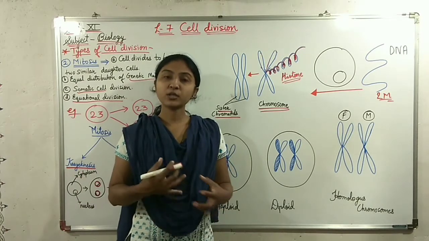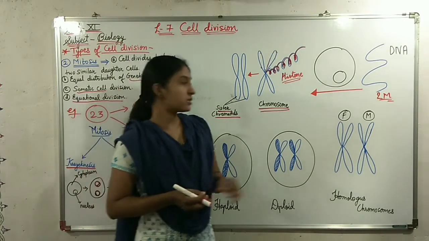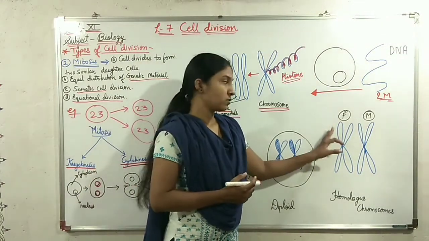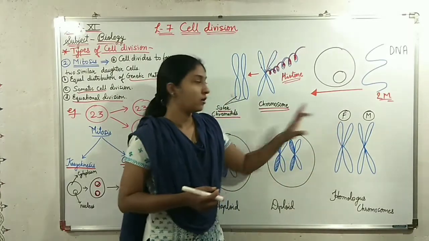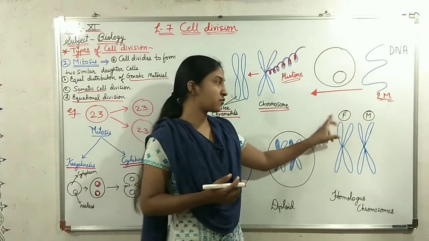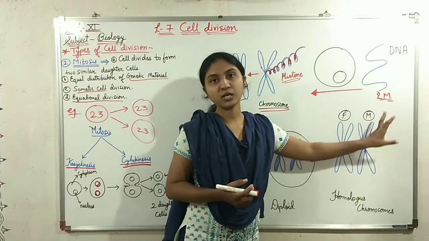Now, if we talk about the reproductive cells, in the reproductive cells the chromosomes are always found in pairs. This pair is because one chromosome comes from the father and another chromosome comes from the mother.